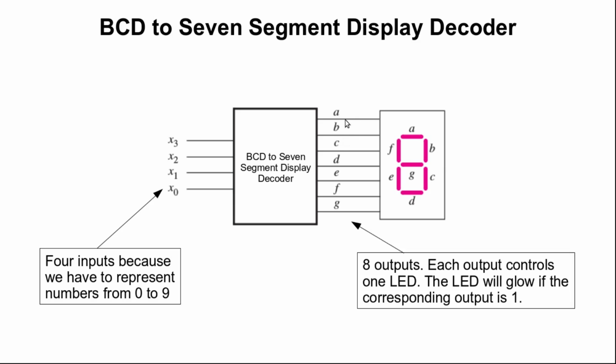For example, here the outputs are named A, B, C, D, E, F and G. So the A output will control the A LED. The B output will control the B LED. And when the output is 1, the corresponding LED will be on, and if the output is 0, the corresponding LED will be off.